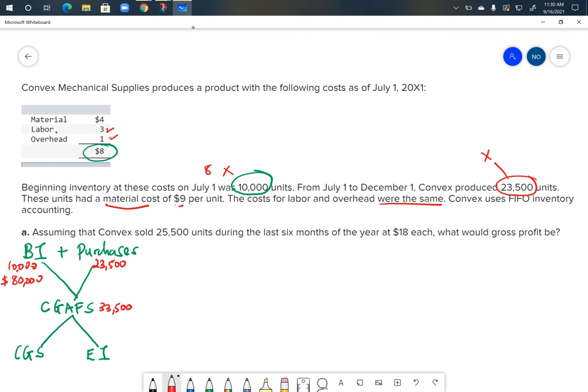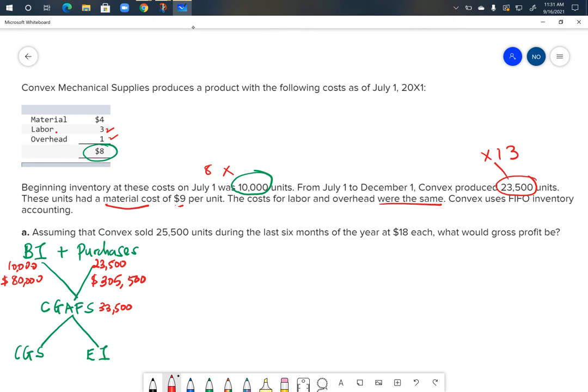So we multiply 13 times 23,500, and in dollars we have $305,500. This is what our cost of purchases is.